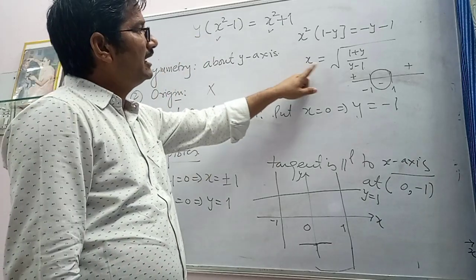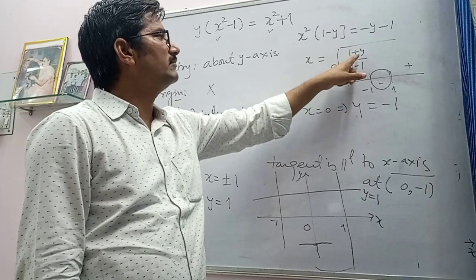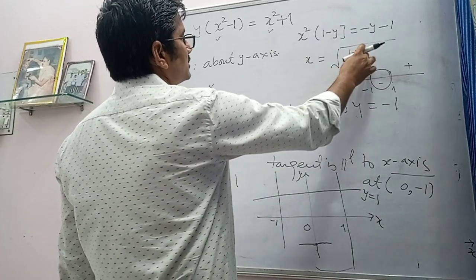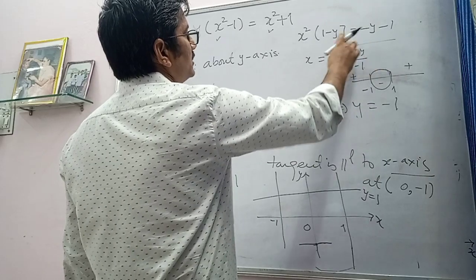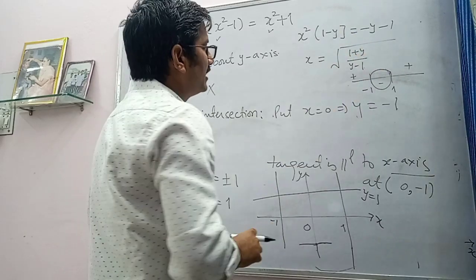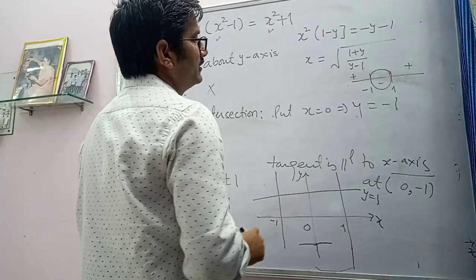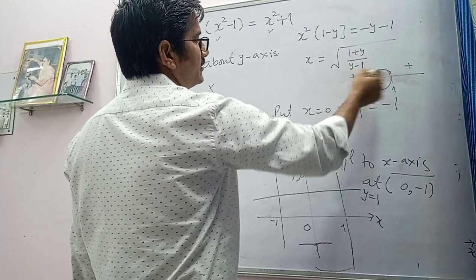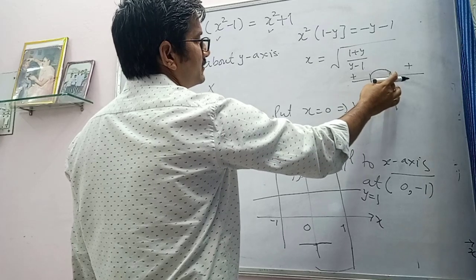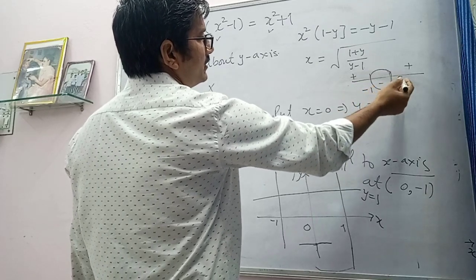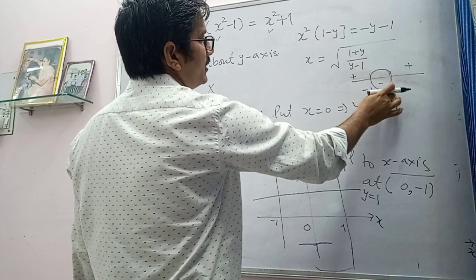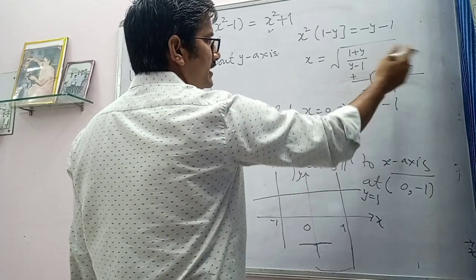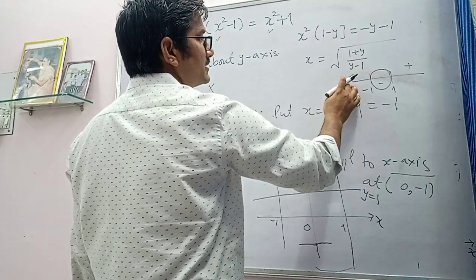So x will have a square root of (1 plus y) upon (y minus 1). In which portion the value inside this square root is negative, we have to decide. So using the wavy curve method, dividing the whole axis for y in these three portions, 1 and -1 are the critical points. Start from plus, means rightmost portion, plus, minus, plus.